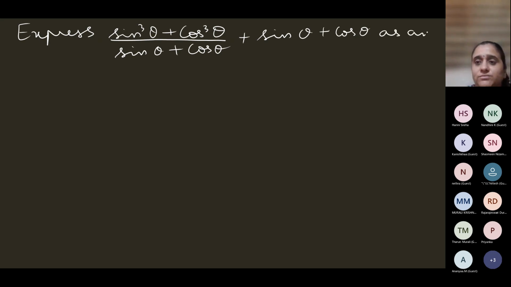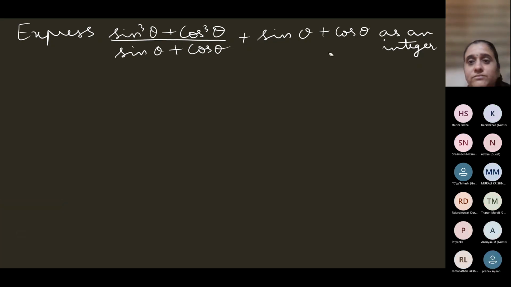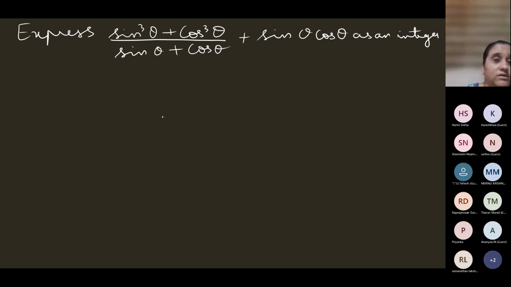Oh, plus sine theta cos theta, I'm so sorry. Sin cube theta plus cos cube theta over sin theta plus cos theta, plus sin theta cos theta, as an integer. Just a minute.